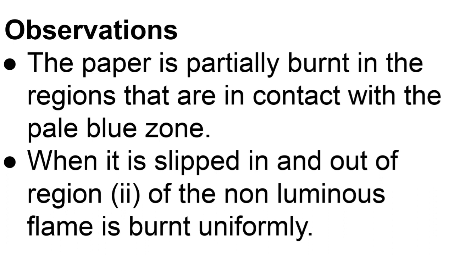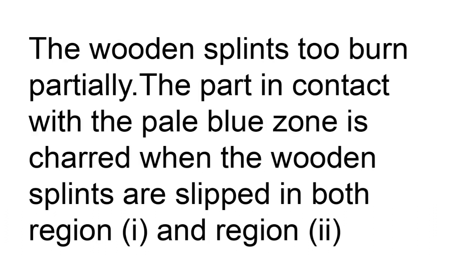So those parts which are in contact with the pale blue zone are burnt. And also, when the manila paper is slipped in and out of region 2 of the non-luminous flame, it burns uniformly.